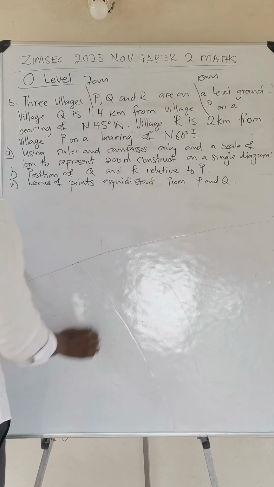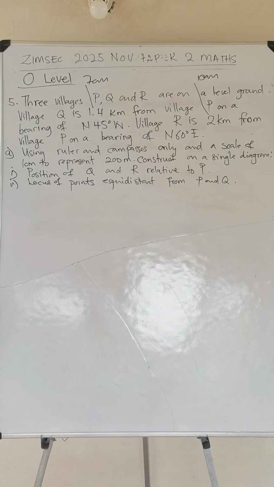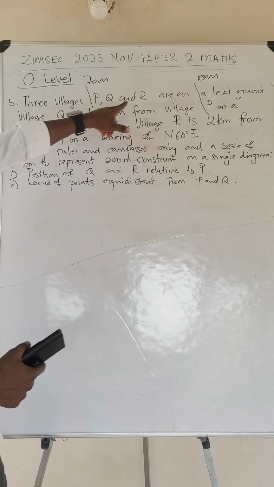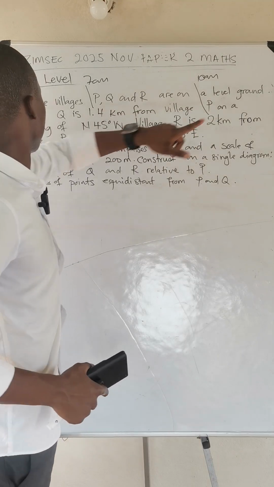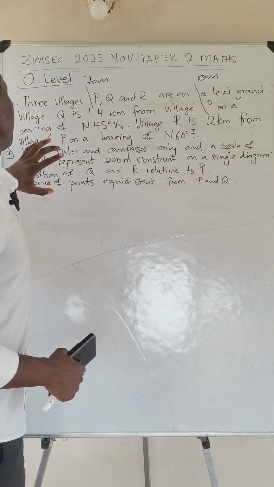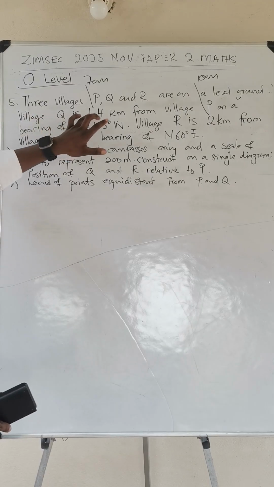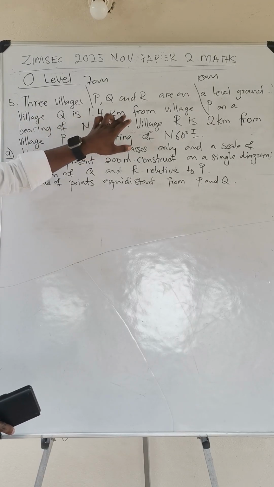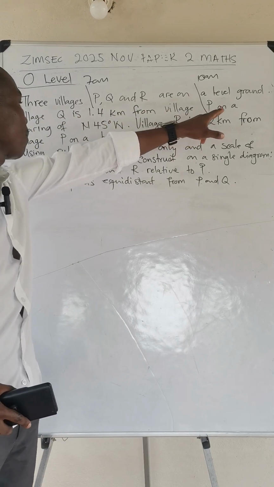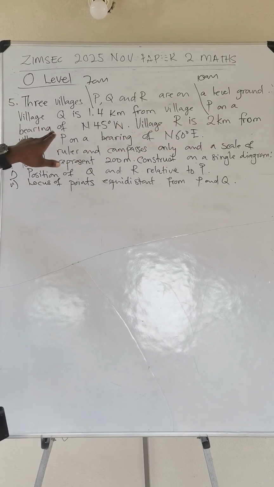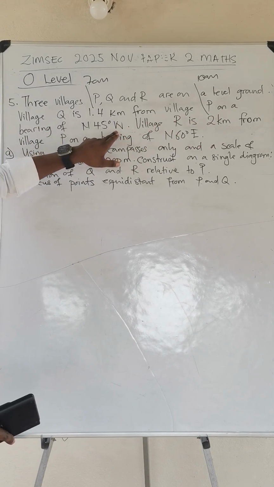Okay, so let's move to our question. Our question says three villages P, Q, and R are on level ground. Village Q is 1.4 kilometers from village P on a bearing of north 45 degrees west.